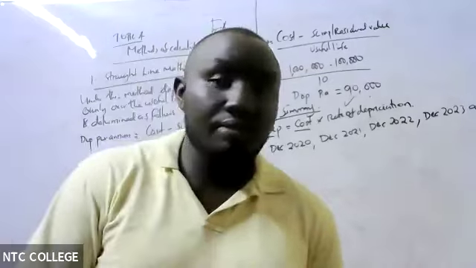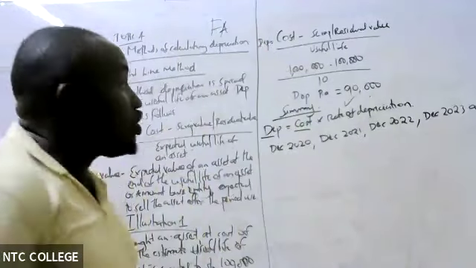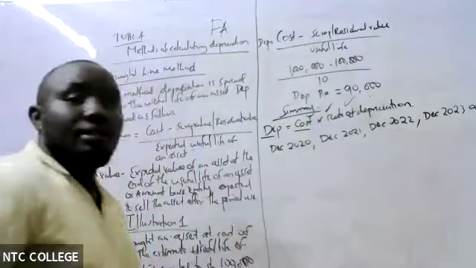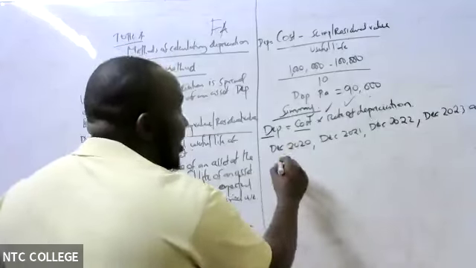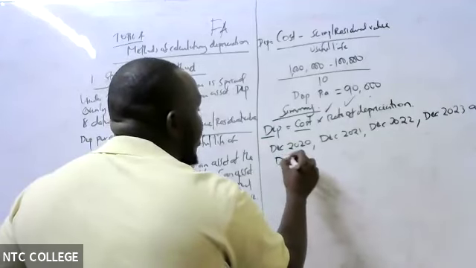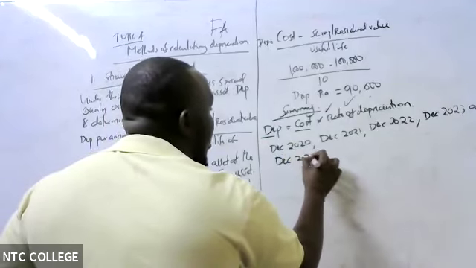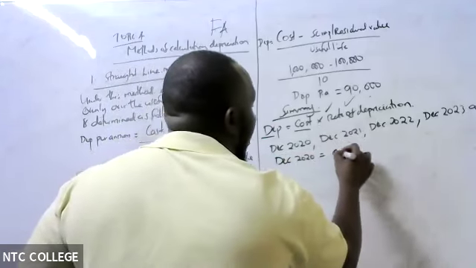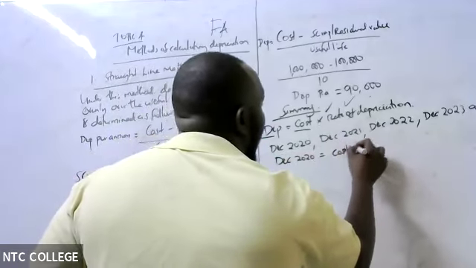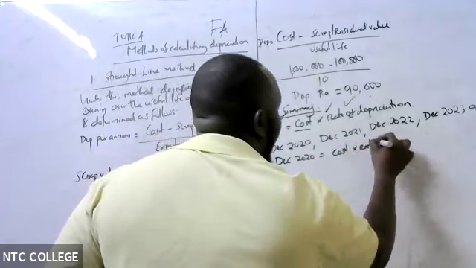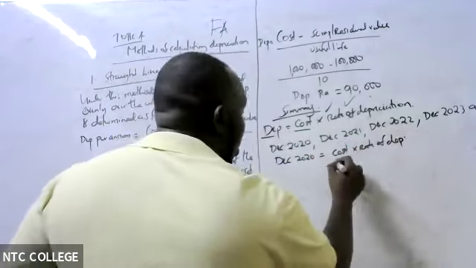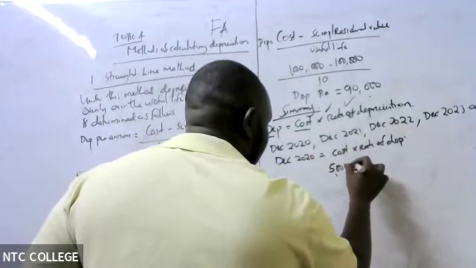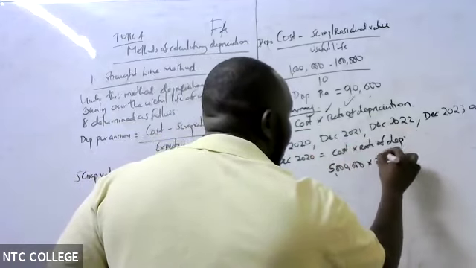So now we're going to apply this. I can maybe illustrate the first year, that is DEC 2020. Depreciation is cost times the rate of depreciation. So for 2020, it is the cost of 5 million times 20%.